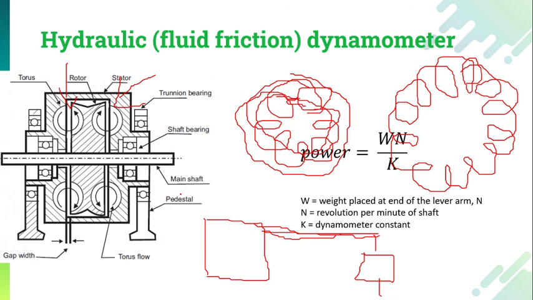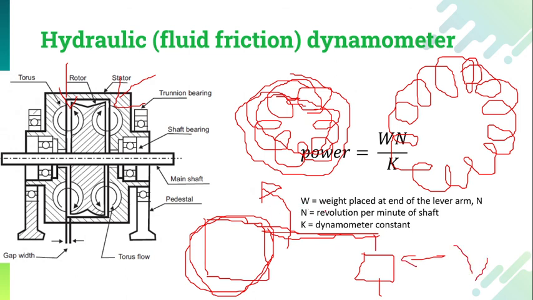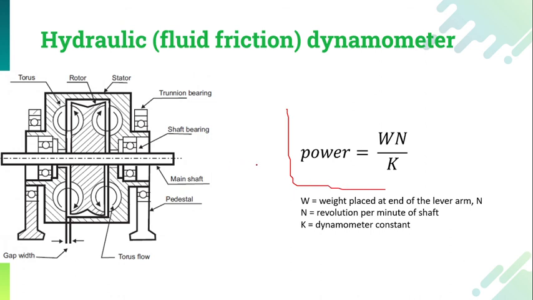So whenever the stator tries to rotate in the direction of the shaft, this whole mechanism will hold the stator and the spring will show some value, let me say W. By using this equation, power is equal to W n by K, we will be able to identify how much power is generated in the shaft.